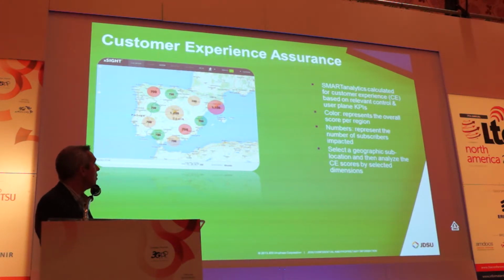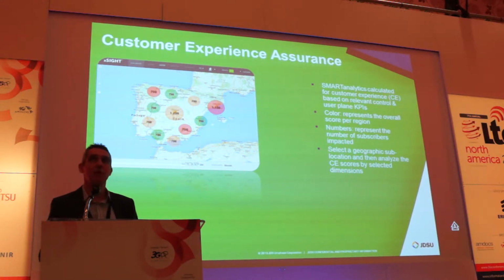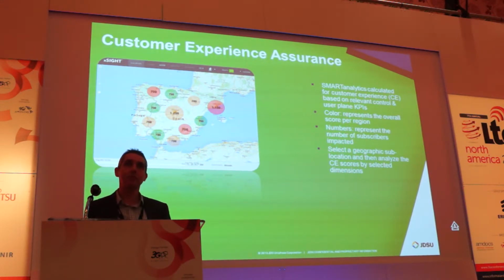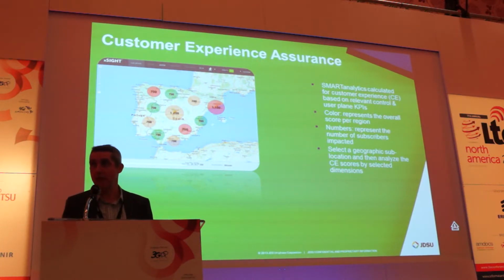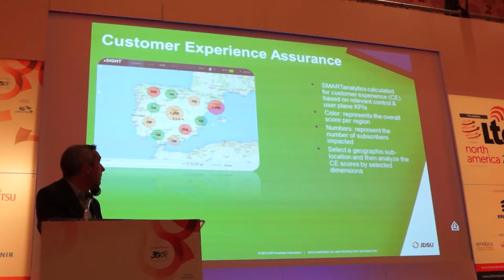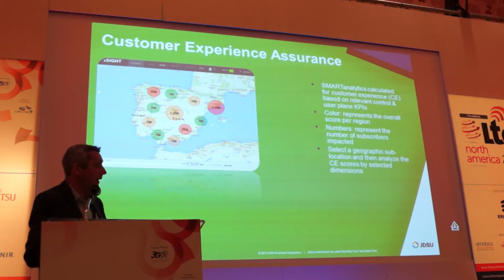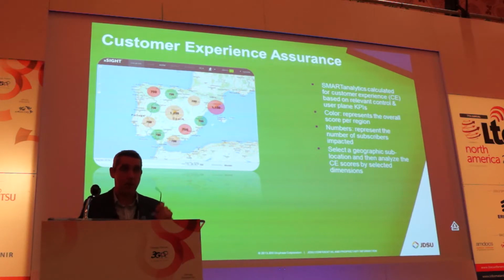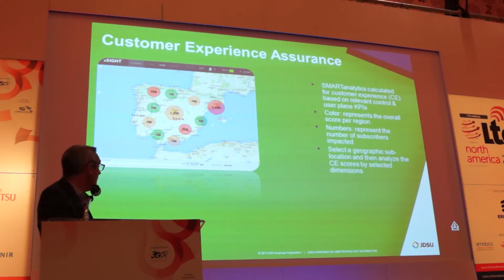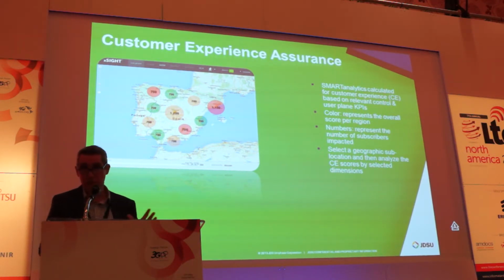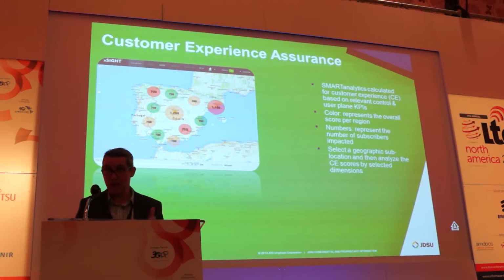So what this allows you to do is build a customer experience model based on both control and user plane KPIs end to end. And I've got a picture of Spain here with a colour representation, where the colour can tell you is it good or bad, right? Red, bad, green, good. The number can tell you how many subscribers am I affecting, right?